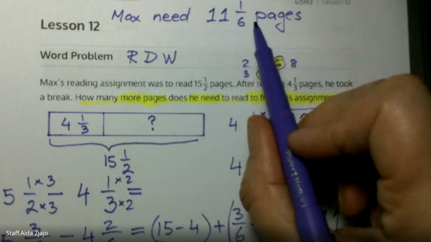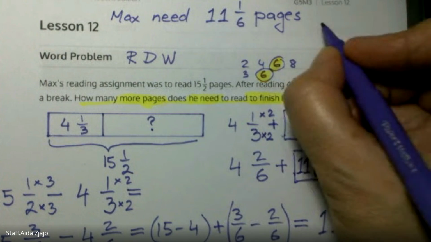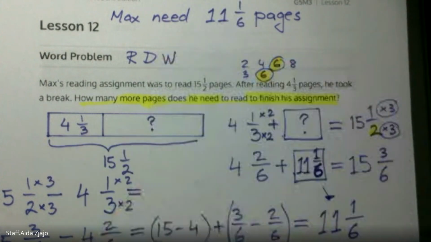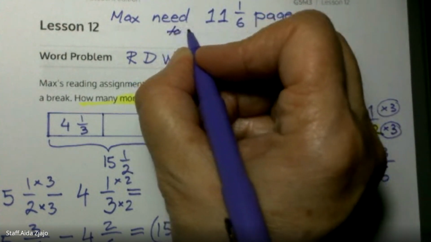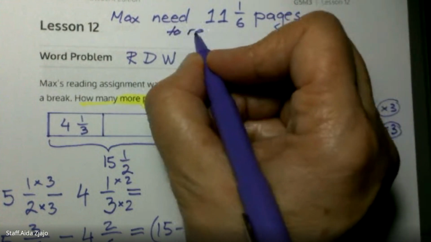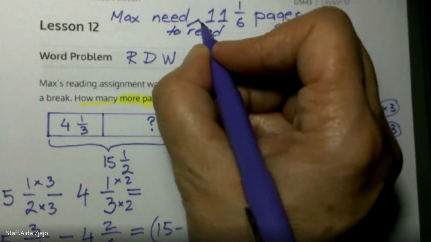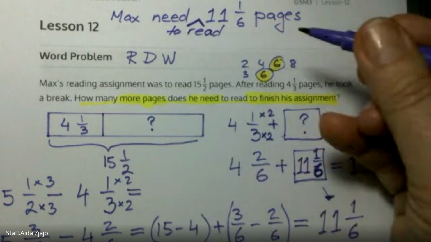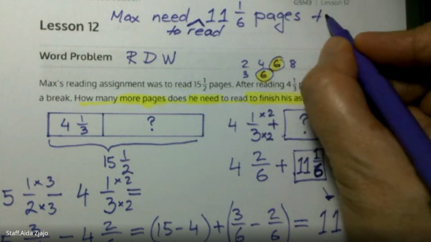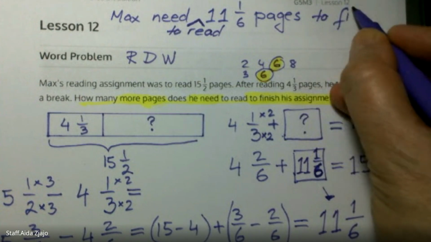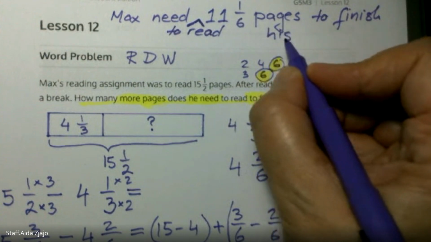He needs to read 11 and 1/6 pages to finish his book, his assignment.